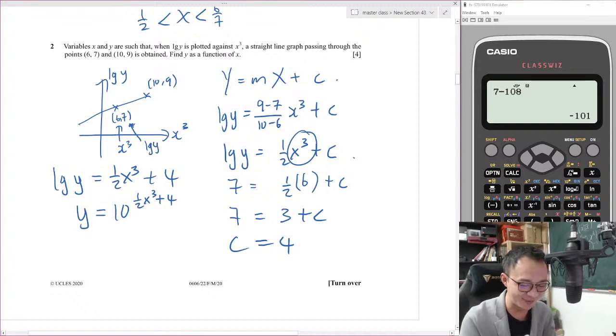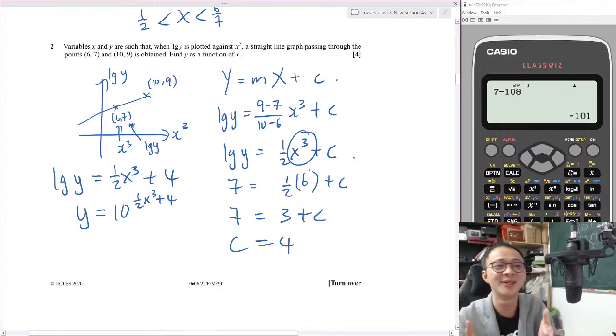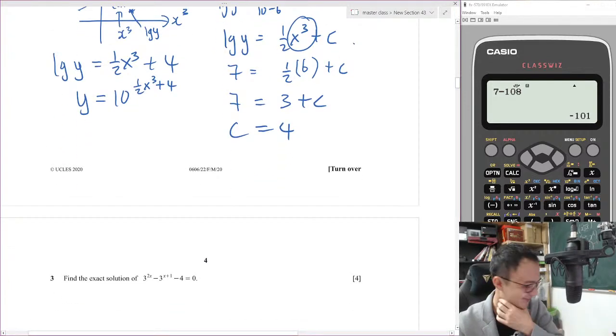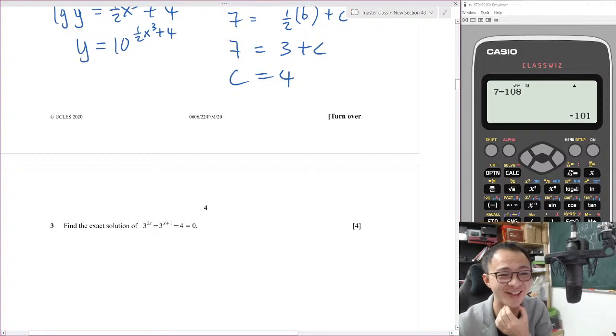So I need to sub the 6 into the whole x cubed. It's not 6 power of 3 like what I did just now. Alright, so make sure you don't make this kind of mistake. I just can't believe I made that mistake.